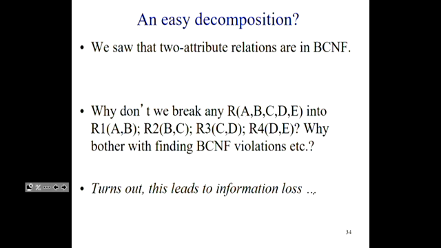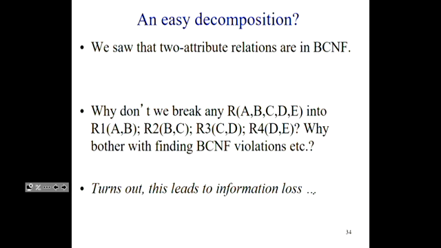Okay, so to give you a little bit more intuition about this losslessness property, let's talk about what would happen if we didn't worry about ensuring that there are some attributes in common between the relations that we decompose. This is, let's call it, a worst case scenario.